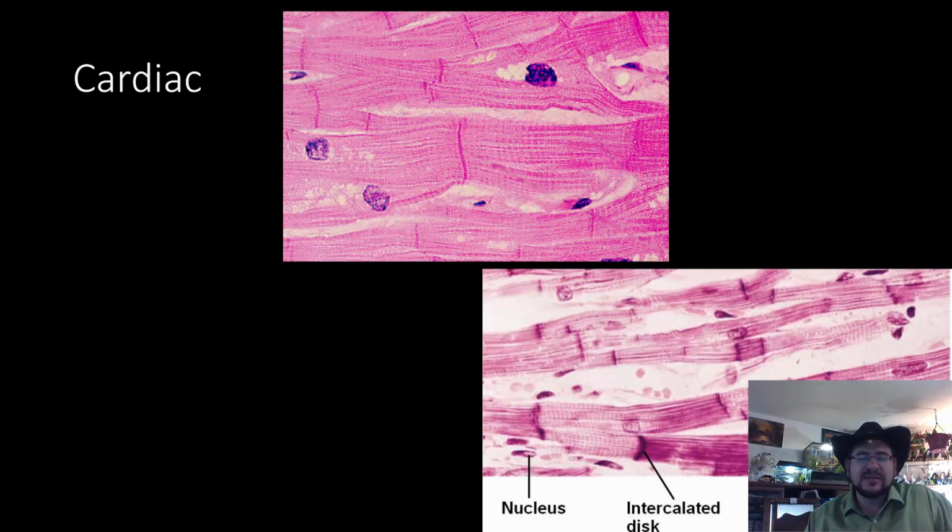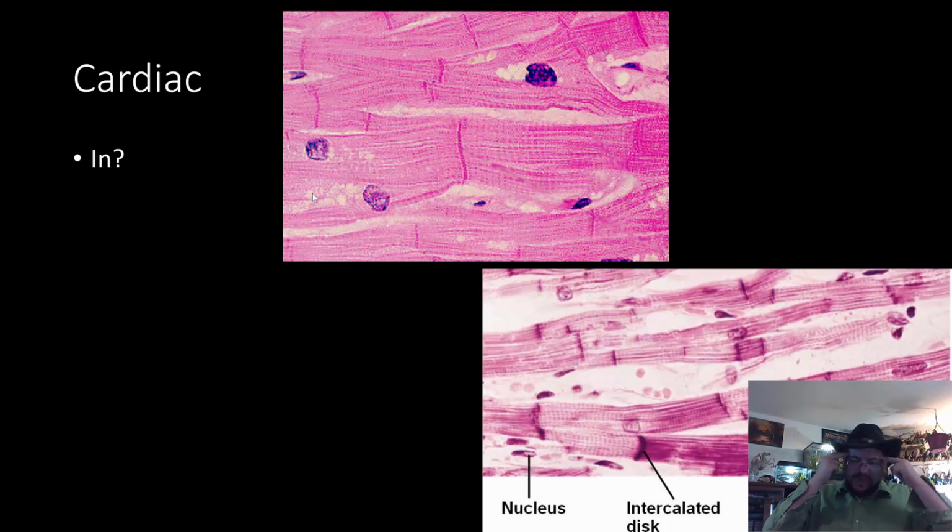Because cardiac muscle is also striped. It has all those bands. Okay, so cardiac muscle is involuntary. That's right, because you cannot go, heart, stop beating.